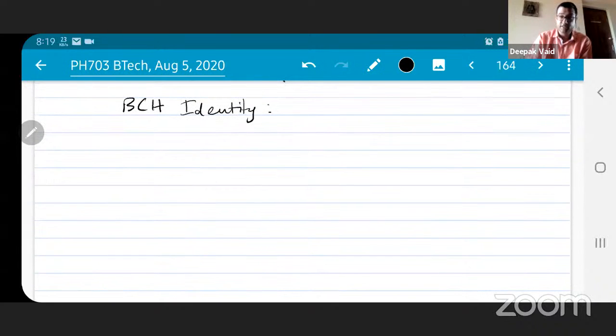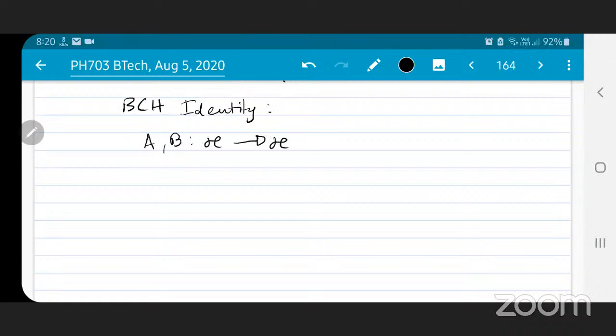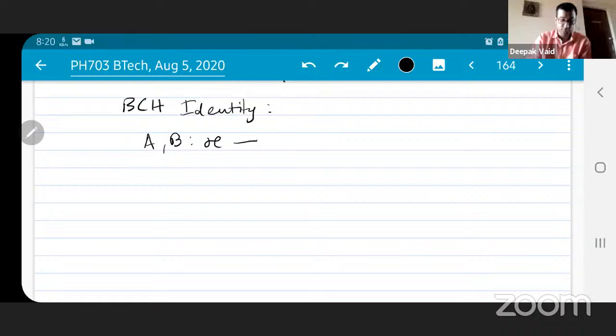And the BCH identity, BCH stands for Baker, Campbell, Hausdorff. So it says that if you have two operators, A and B, if you remember, this is the notation for an operator, right? It's a map which takes the Hilbert space to itself.